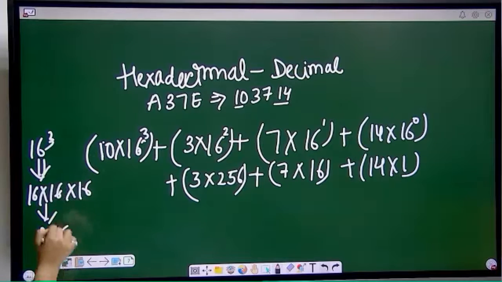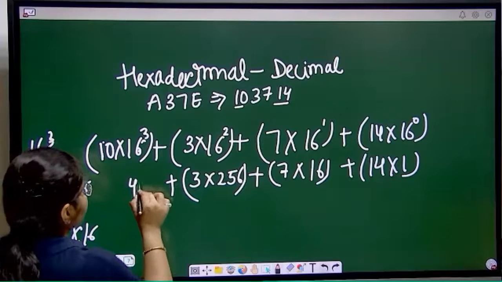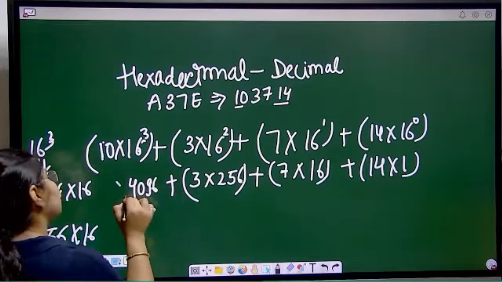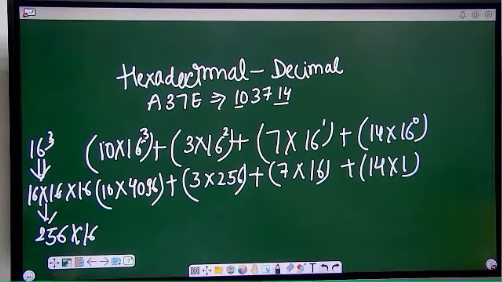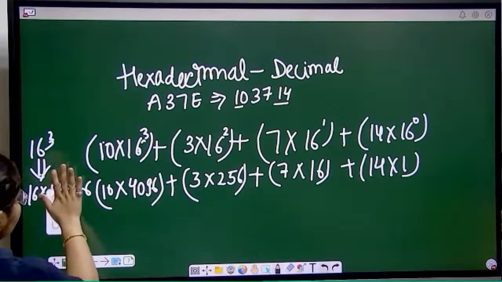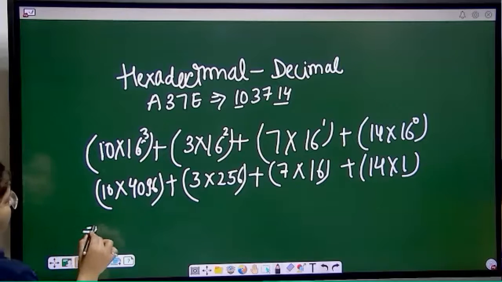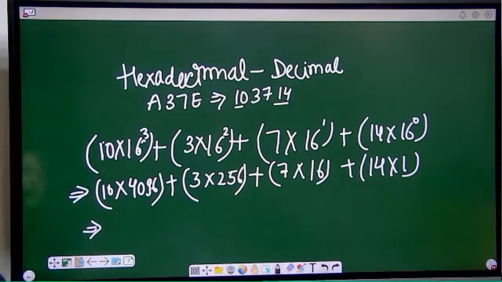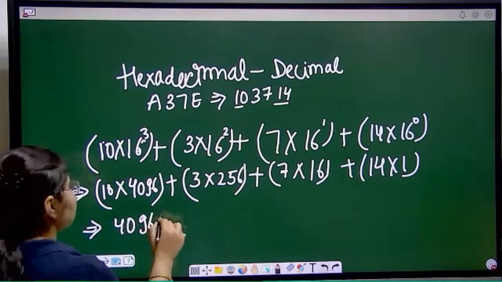You have to write 16 three times and then that will be your 4096 into 10. Okay, now we have to solve this one. How? Multiply this one. It's 40960.